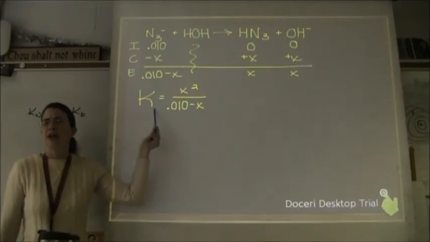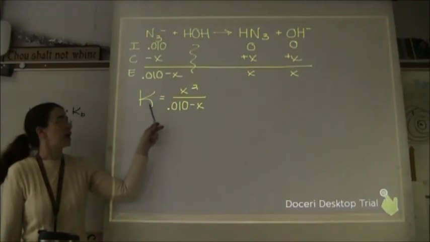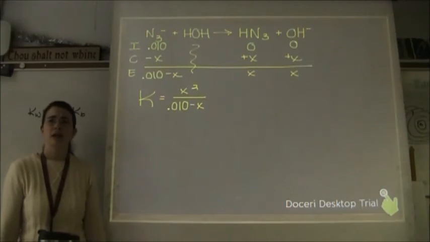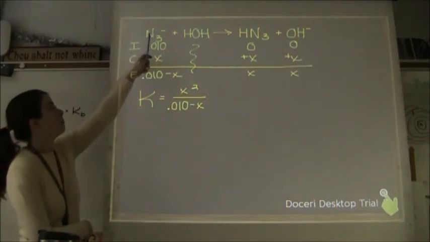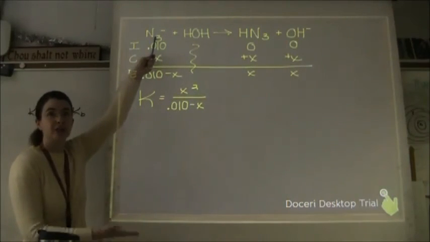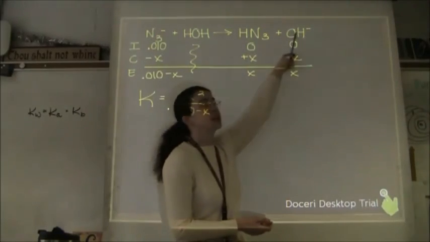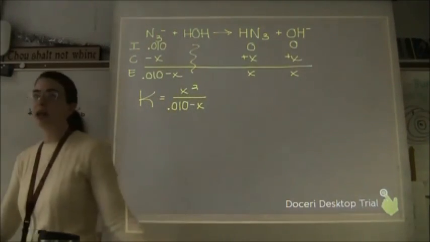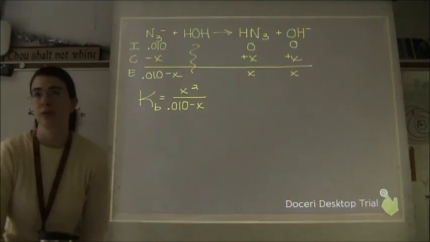What kind of K do I need here? KB, how'd you know that? Okay, you can answer it in two ways. You could either say, my reactant is a base, which it is, or you could say, because I'm producing hydroxide, I know I need a KB value. Did I give you a KB value?